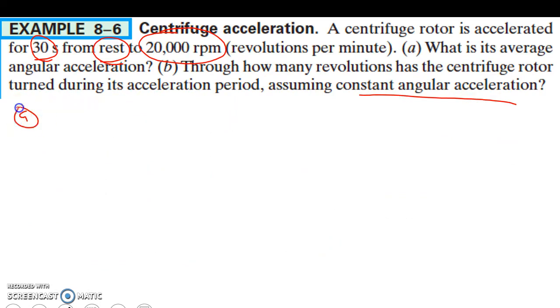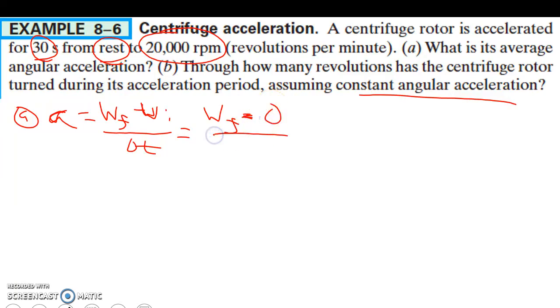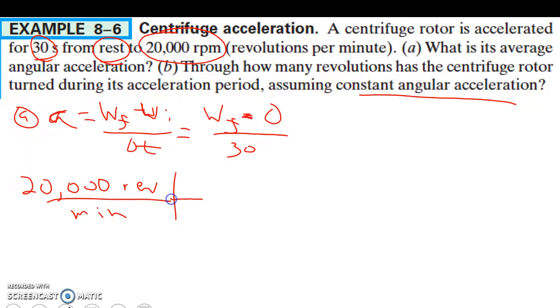Well, angular acceleration is equal to our final minus initial angular velocities over change in time. I know that rest is my initial, so ωf minus 0 over my change in time of 30 seconds will give me my angular acceleration. Now, 20,000 revolutions per minute needs to be converted to radians per second before I can use it. So I want to start going through my math here.